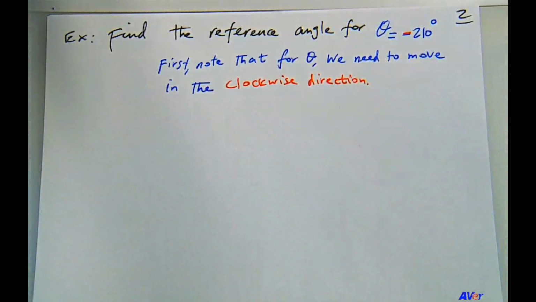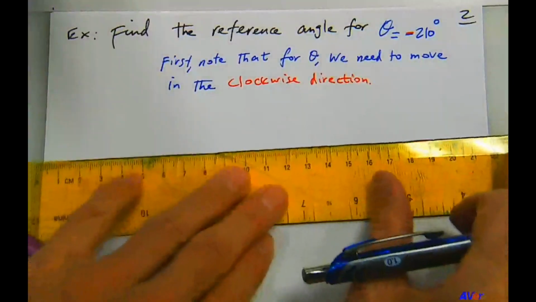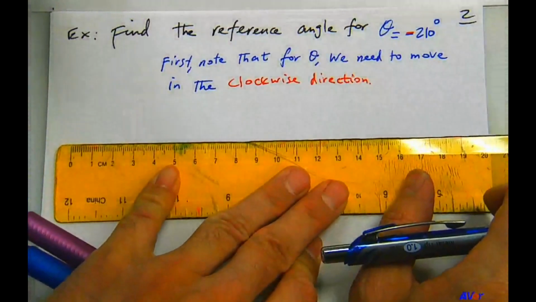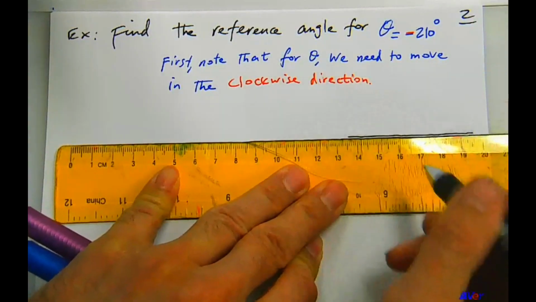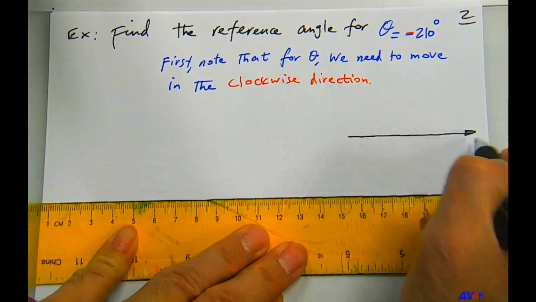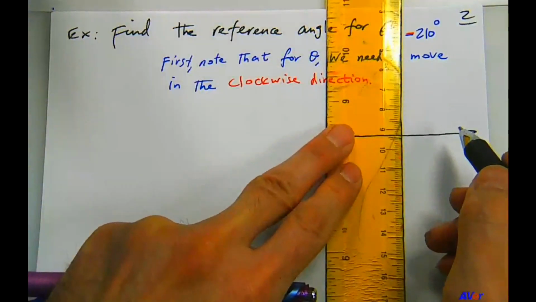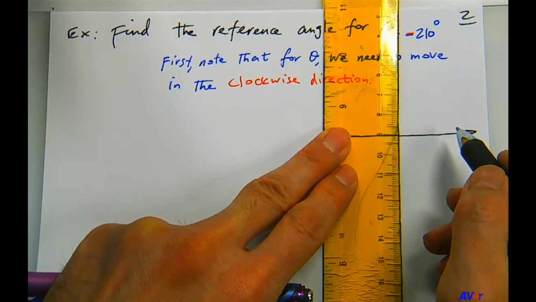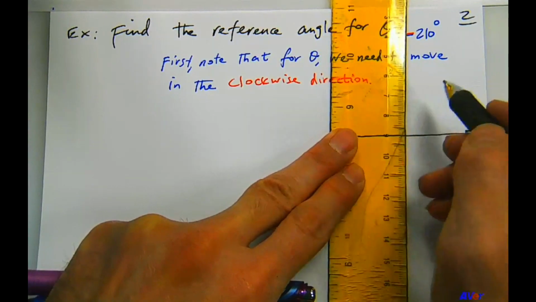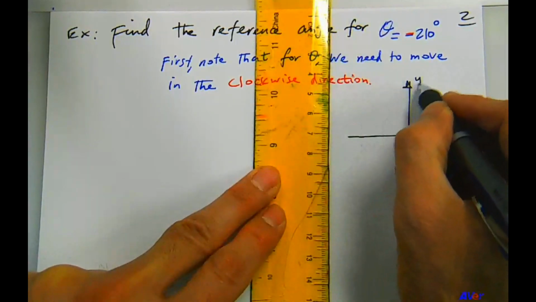Okay, so let's draw this. A picture is always very helpful, right? As long as the picture is not too complicated. So this is x, and we have y. Like that.